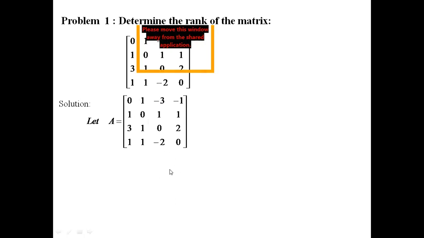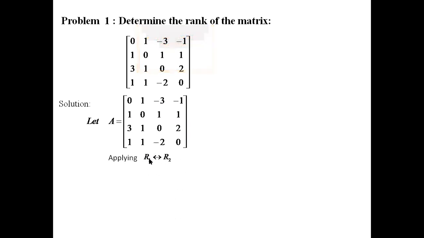So the first operation we have to do is make the first element of the first row non-zero. For that, interchange these 2 rows, or the first and last. So here I have done this operation. We just interchange the first and second row. It's shown by this symbol, R1 interchange with R2. When you interchange, what happens?